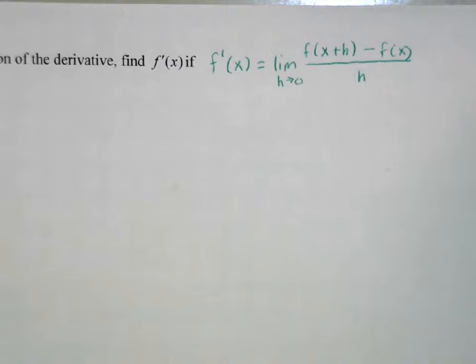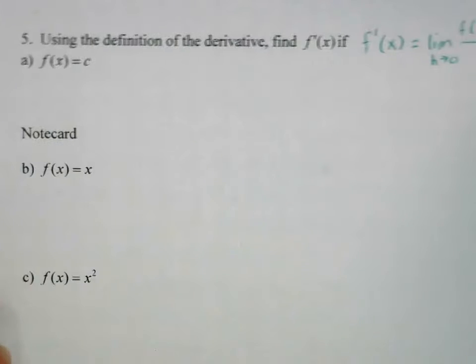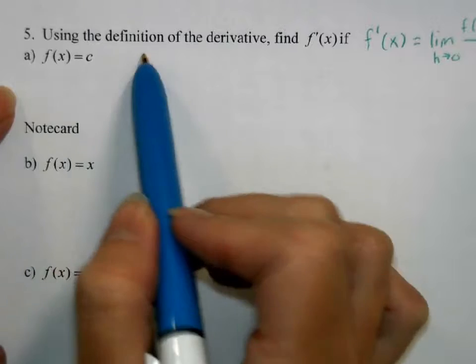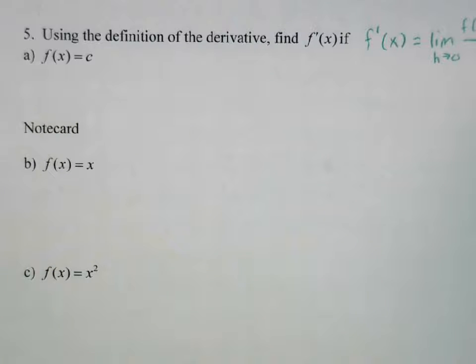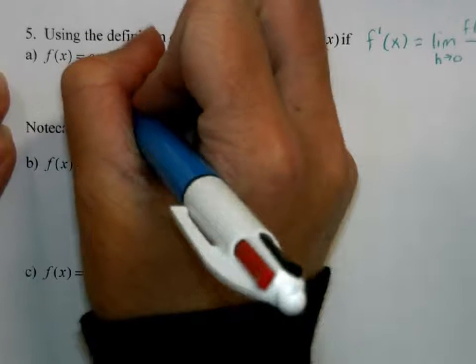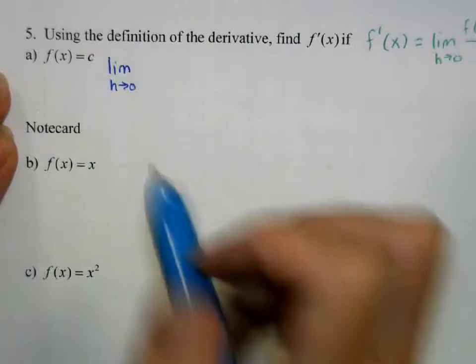what we saw graphically. Okay, so first we're going to do the constant. We've already talked about this graphically. If this is a horizontal line, the slope's going to be 0, but we can prove it using our limit definition. So the limit as h goes to 0 of f of x plus h.